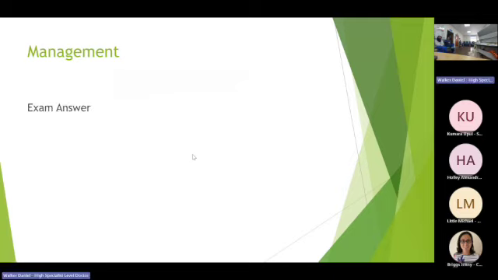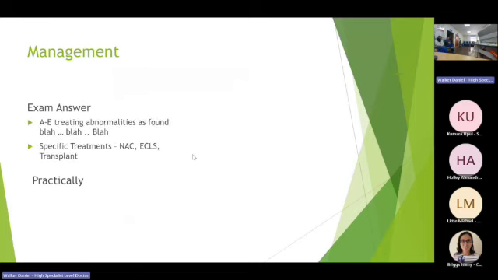So whenever you're asked in the FICM or the FRCA how you manage a patient with certain things, you say in a very contrite way, A to E, treating abnormalities as you go with a specific focus, but there's also a practical answer. So the exam answer, A to E. Specific treatment, so NAC is pretty much given for everything, regardless of whether it's paracetamol or not.